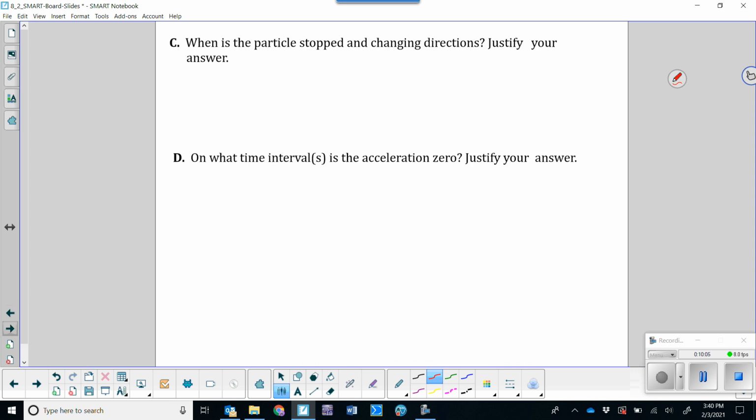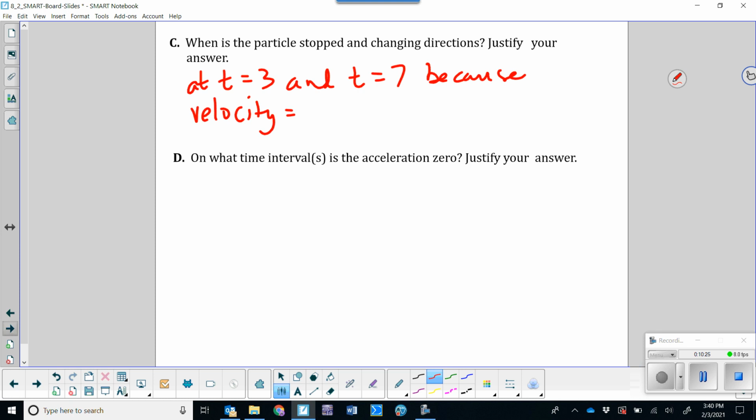So in this case, our zeros are at t equals 3 and t equals 7, because velocity equals 0 and changes signs there. So it's stopped and then changing directions, because the sign changes.